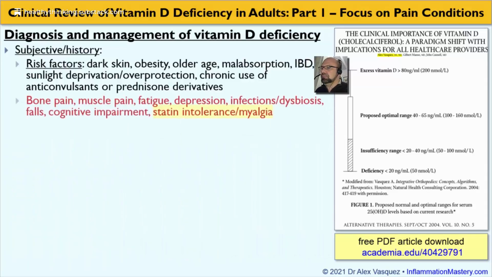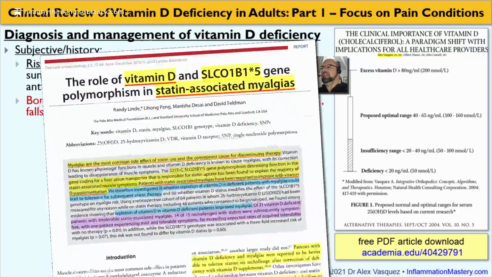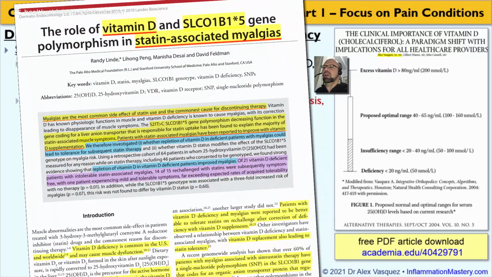Moving on now to bone pain, muscle pain, fatigue, depression, infections, and also gastrointestinal dysbiosis. A more frequent history of falls, also cognitive impairment, and statin intolerance or statin-induced myalgia. All of those are known to be manifestations of low vitamin D status, or what we should call just vitamin D deficiency.